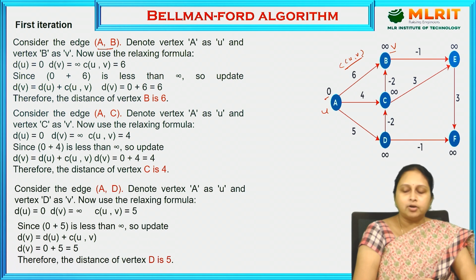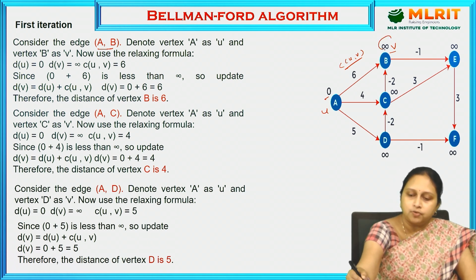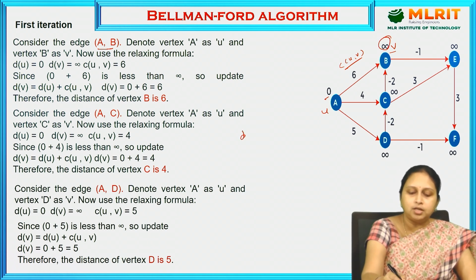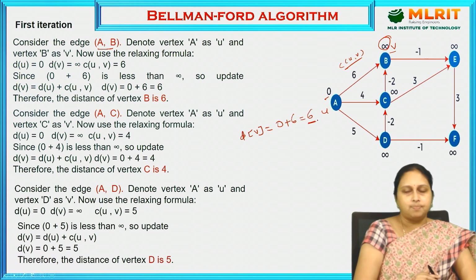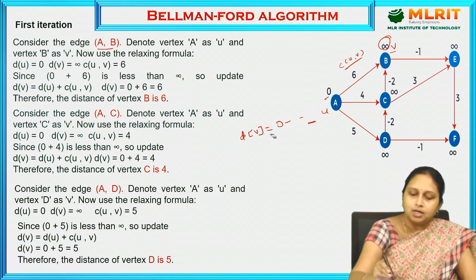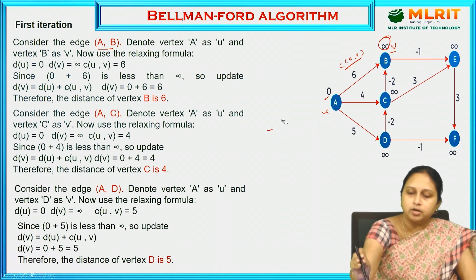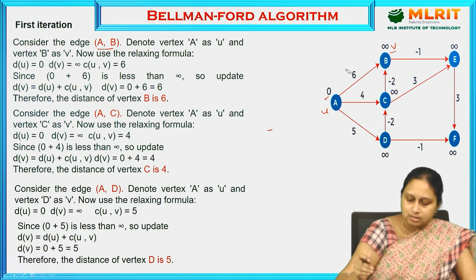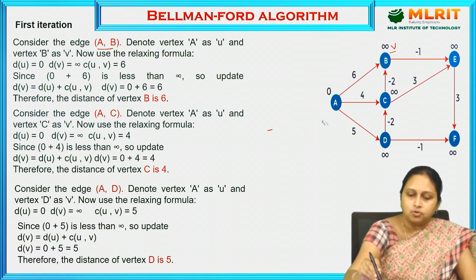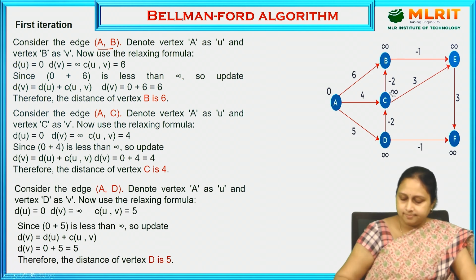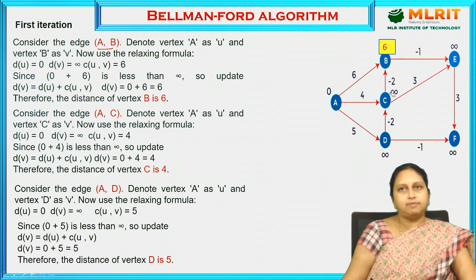Now, how are we going to find d of v? d of v equals d of u, which is 0, plus the cost, which is 6. So we are going to get the value 6. Vertex v is going to be replaced with 6.